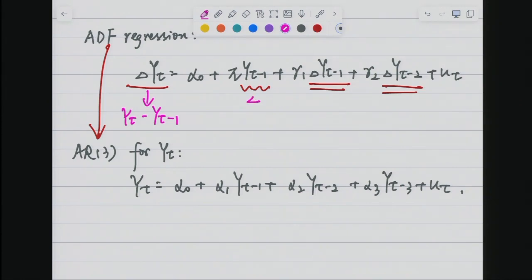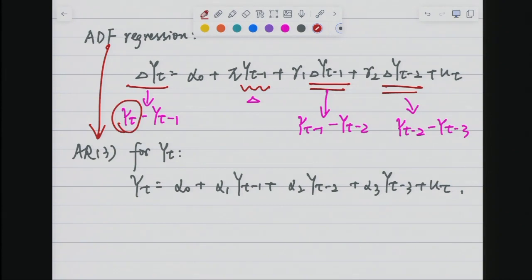On the right-hand side, we also have yt minus 1, and then the first difference first lag is yt minus 1 minus yt minus 2. And the second lag is the difference between yt minus 2 and yt minus 3.